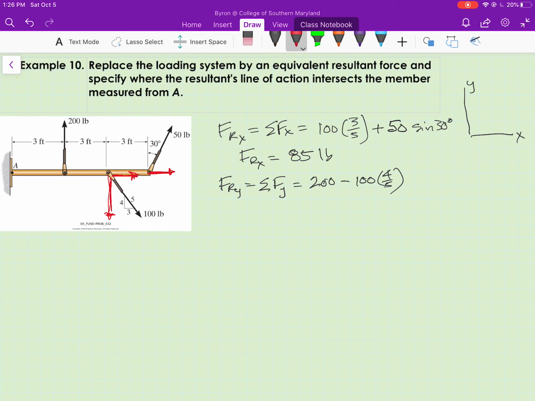And the 50-pound force has a positive y component of 50 cos 30. And I do that math, and I get that F sub Ry equals 163.3 pounds.